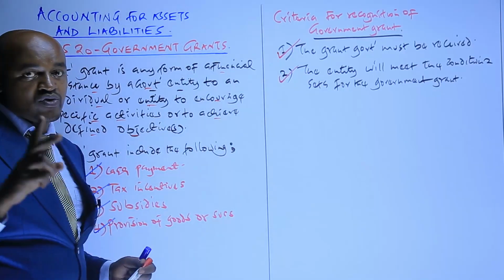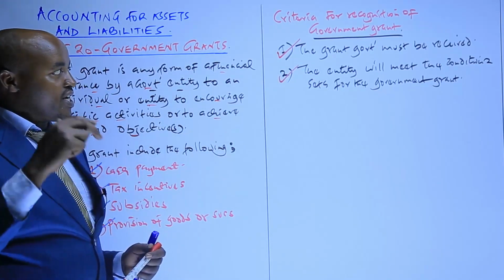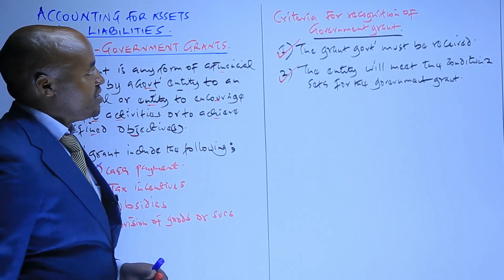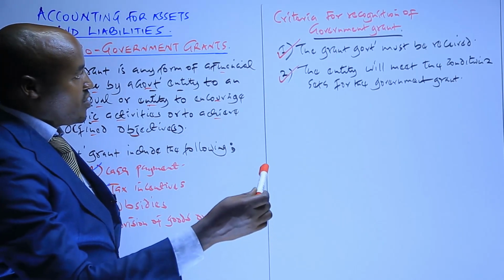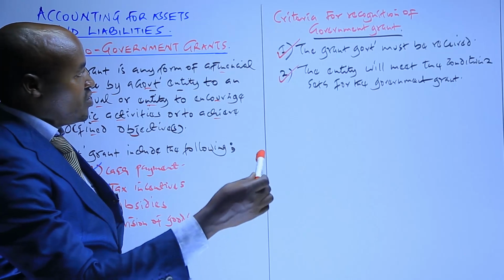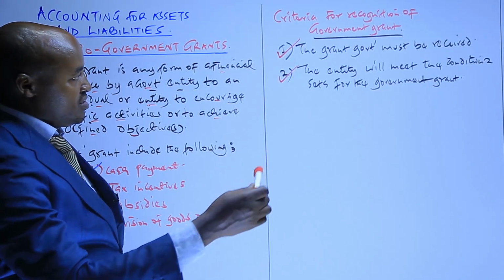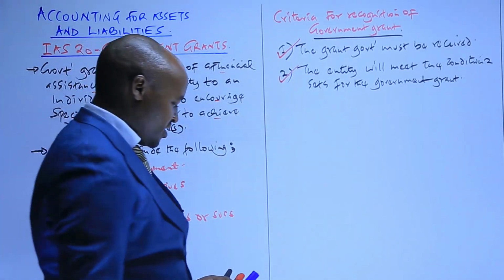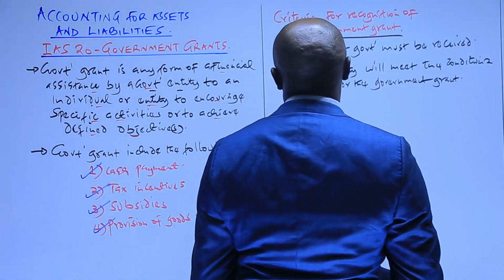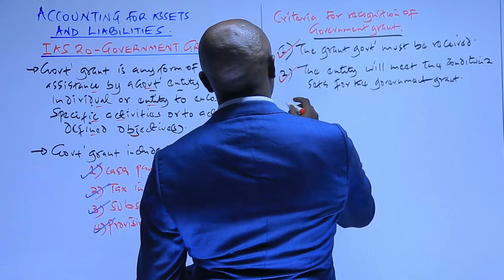So we have those as the two criteria which must be fulfilled for a government grant to be recognized. The grant must have been received, and two, the entity will meet the conditions which have been set for the government grant.